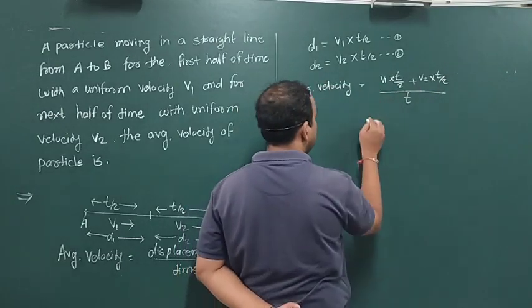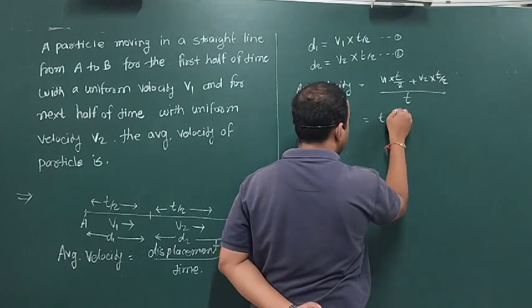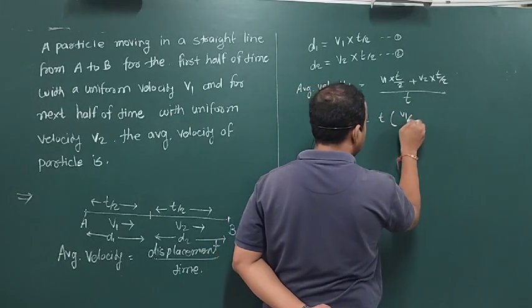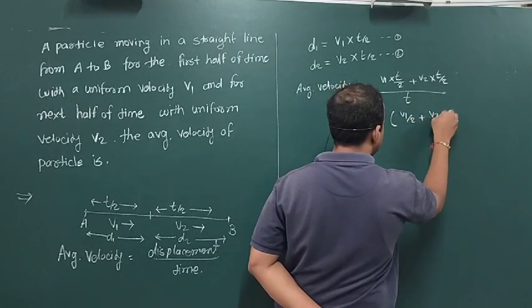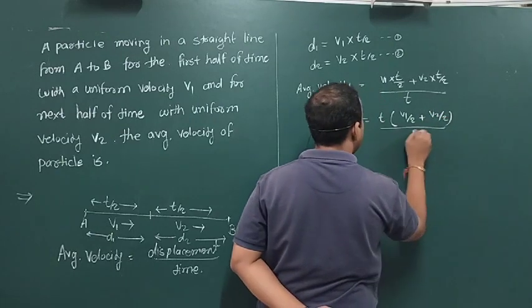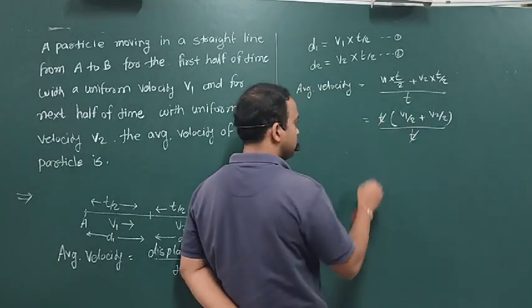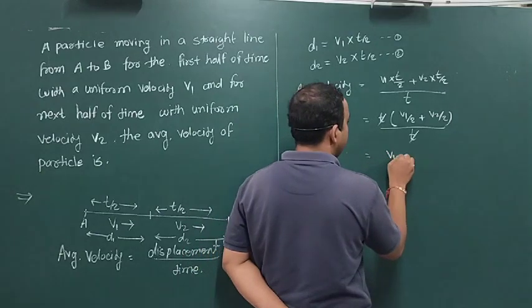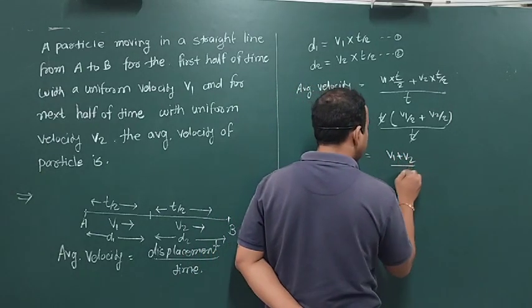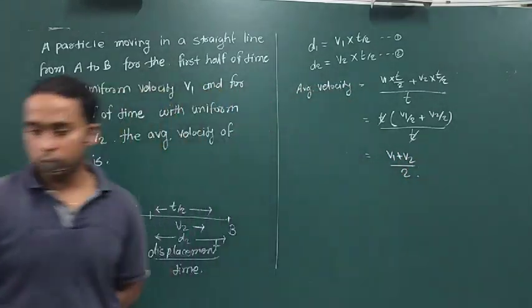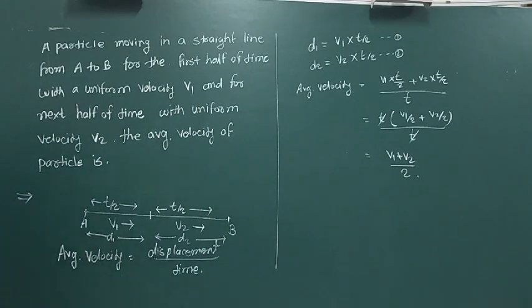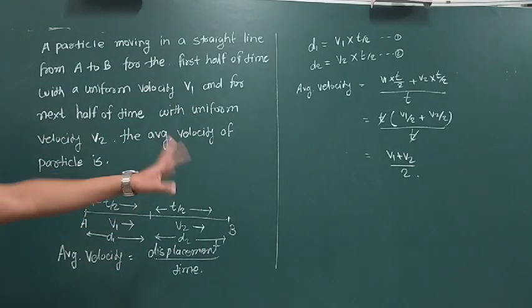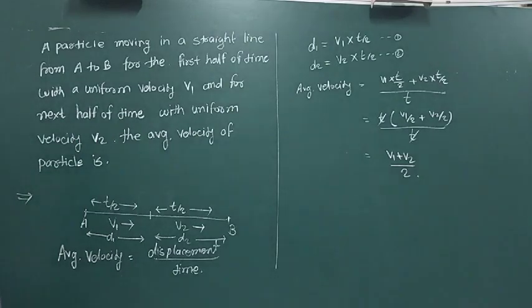We can take t common, so t into v1 divided by 2 plus v2 divided by 2, divided by t. So t gets cancelled, which is equal to v1 plus v2 divided by 2. This is the velocity of the given particle.